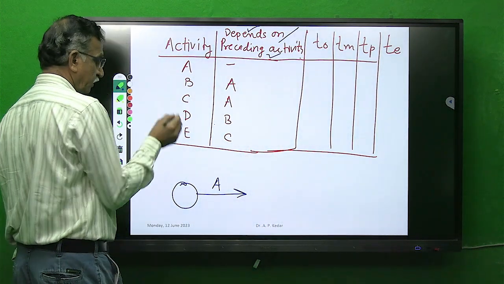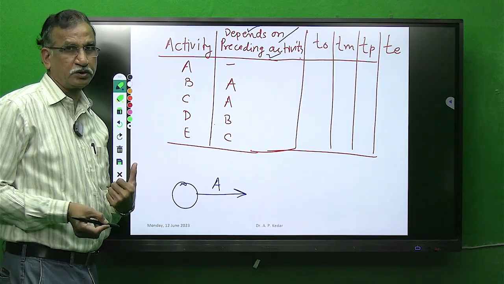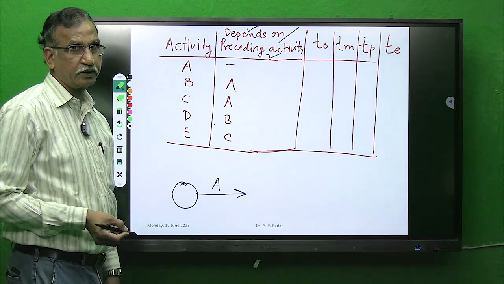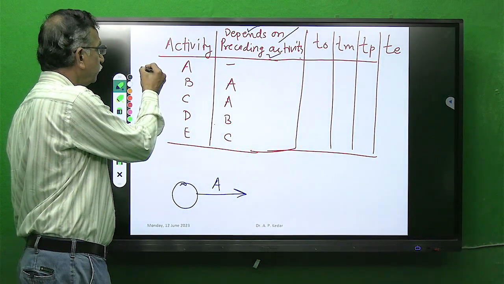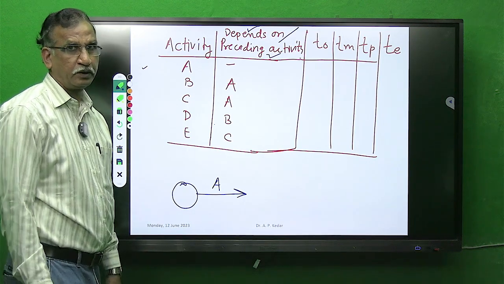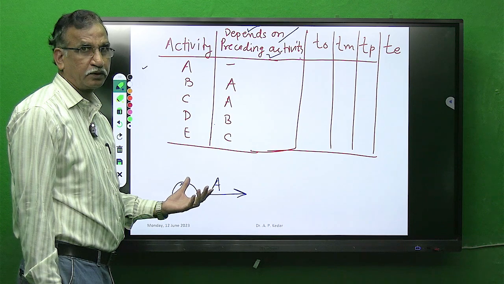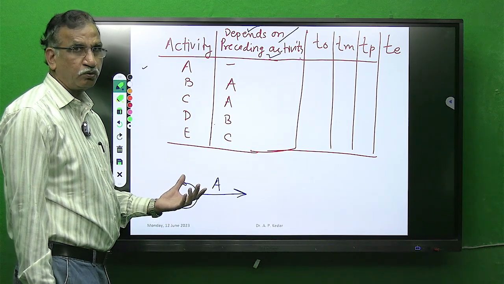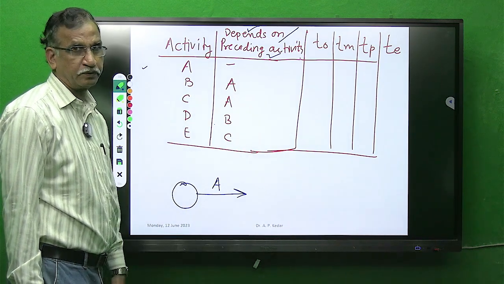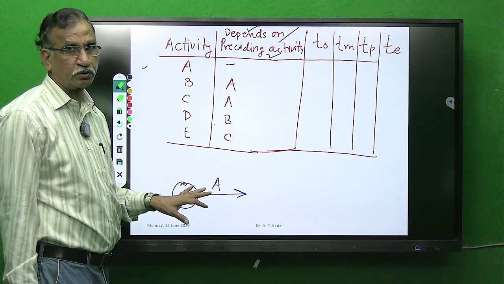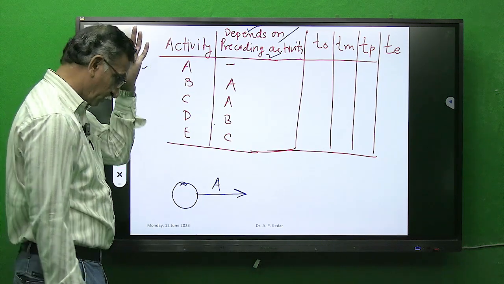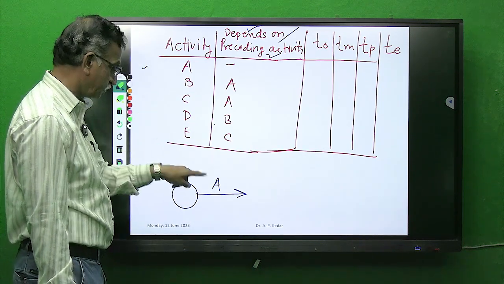Now, see, you adopt one methodology that whenever you draw an activity, tick mark that, okay, you have considered this particular activity. Today I will be teaching you how to cross-check your network once you draw, whether it is correct or not. So, yes, I have drawn this.